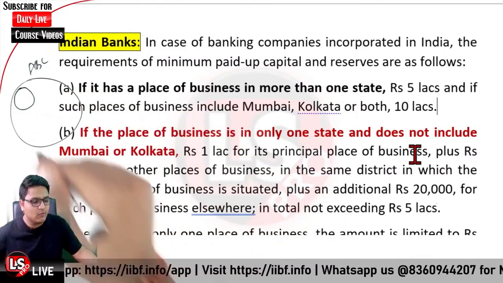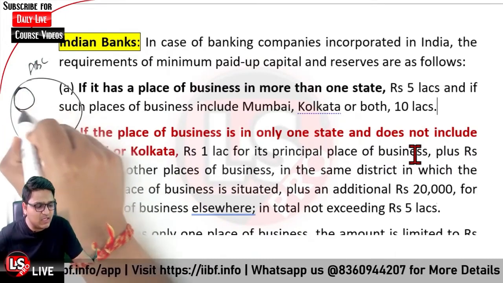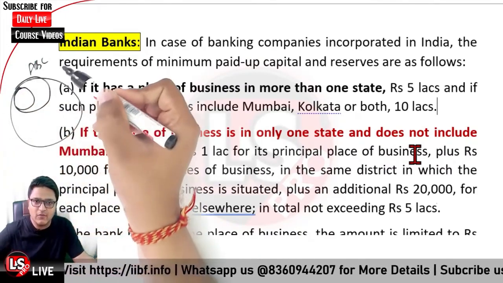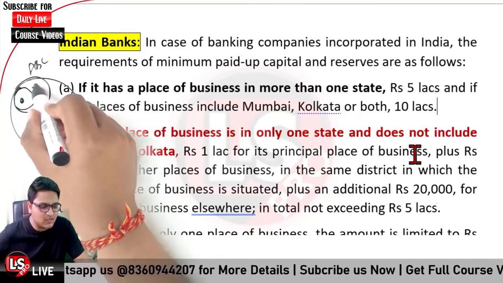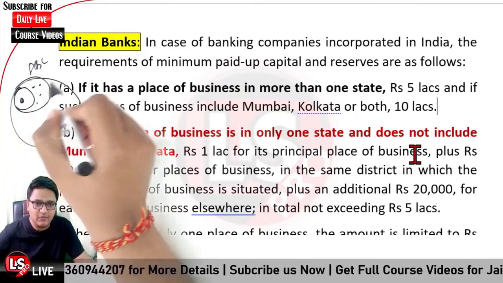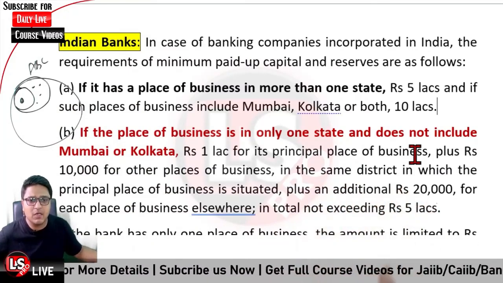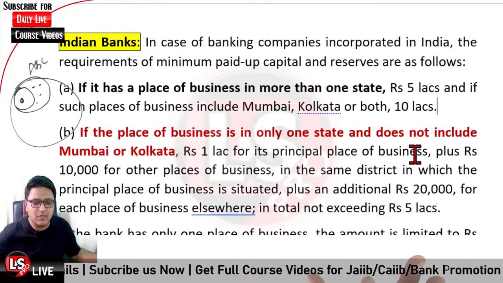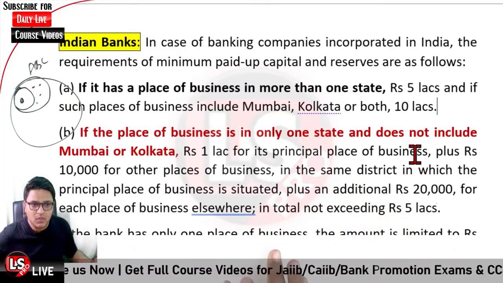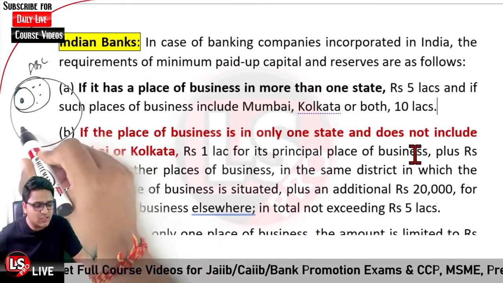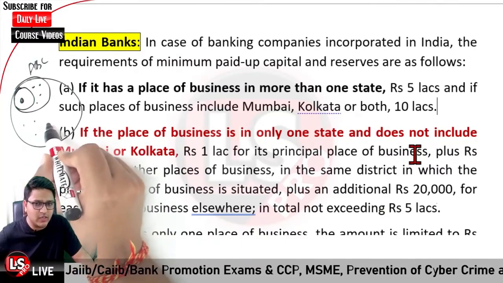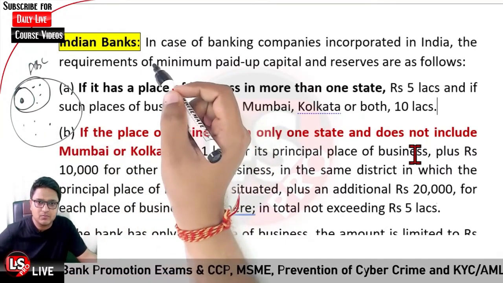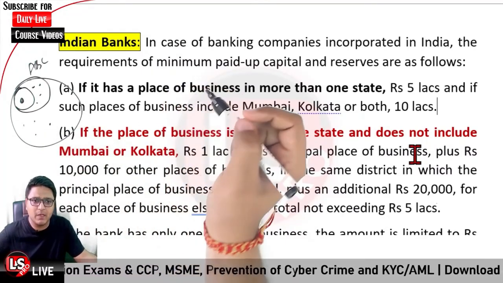And further, for other branches in the same district or city, it will be rupees 10,000 per place of business in the same district. And for other branches out of the district, it will be 20,000 per branch.